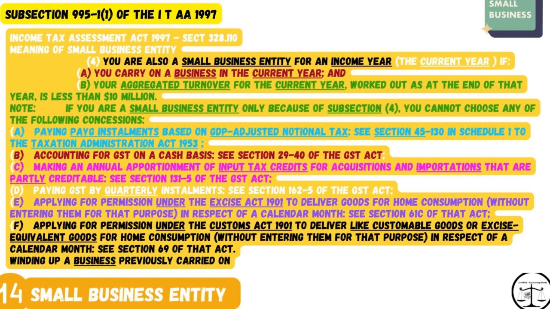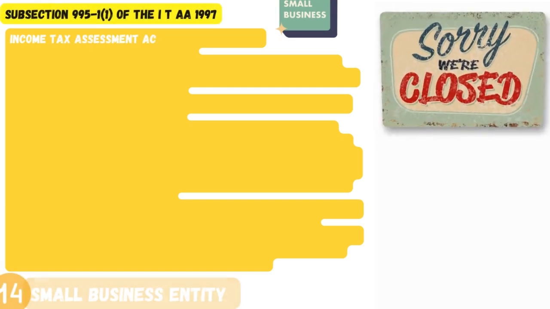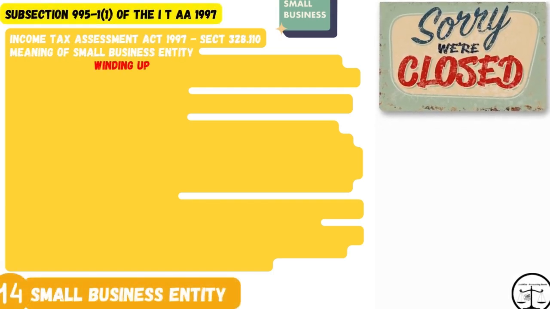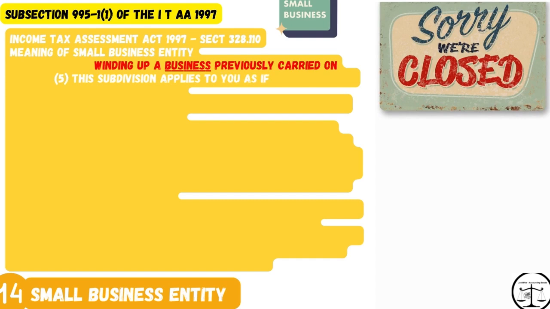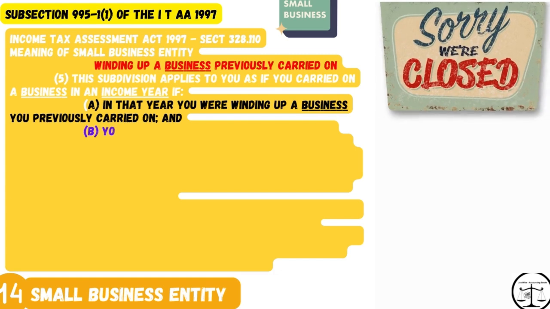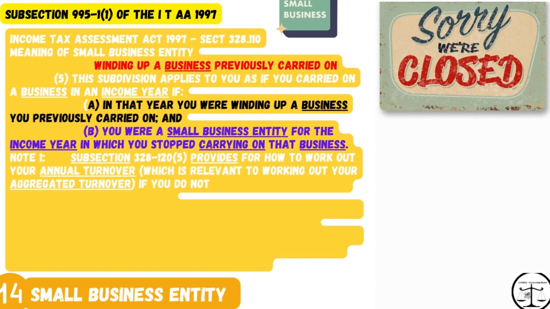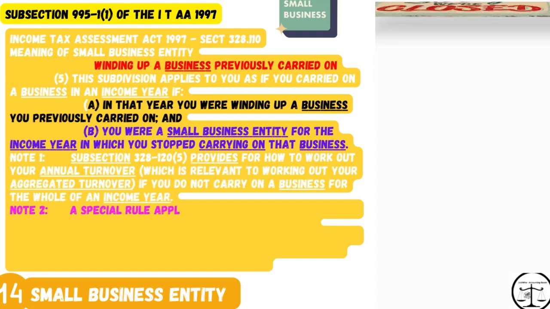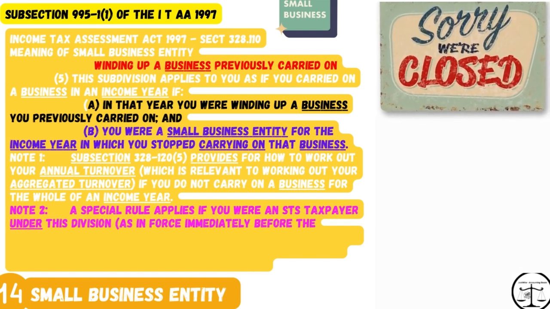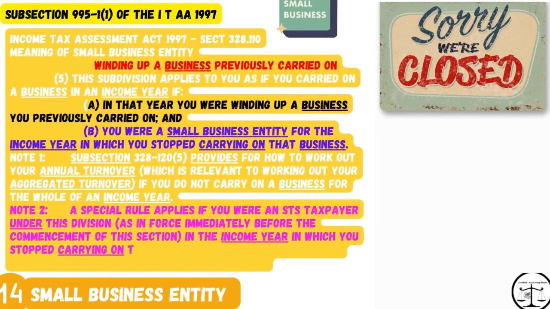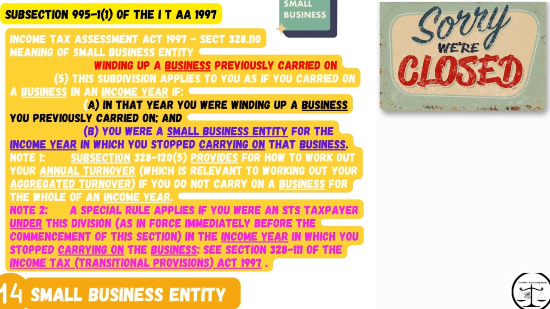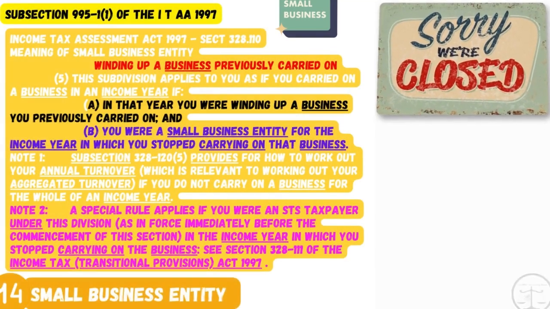Winding up a business previously carried on. 5. This subdivision applies to you as if you carried on a business in an income year if A. In that year you were winding up a business you previously carried on, and B. You are a small business entity for the income year in which you stopped carrying on that business. Note 1. Subsection 328-125 provides for how to work out your annual turnover, which is relevant to working out your aggregated turnover, if you do not carry on a business for the whole of an income year.